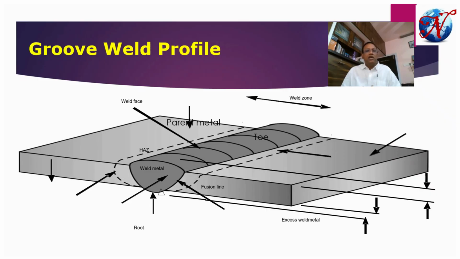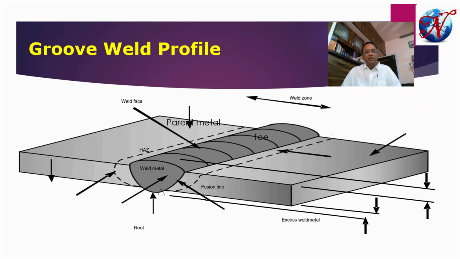When we talk about the groove weld, it needs to have a uniform profile according to the WPS. We know that there are a lot of zones in the weld. There will be the root run, then the hot pass, fill up, and final, and the fusion line will be there where the metal needs to melt correctly with the parent metals.